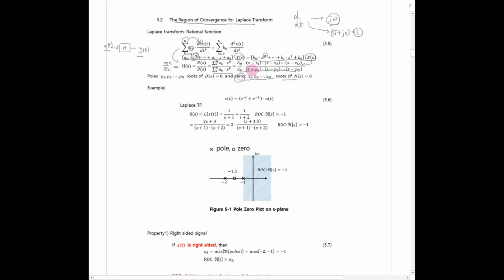The root of the denominator is called a pole. So at this moment, you need to know the meaning of a pole. What are the poles? The root of the denominator is called a pole, and a zero is the root of the numerator.